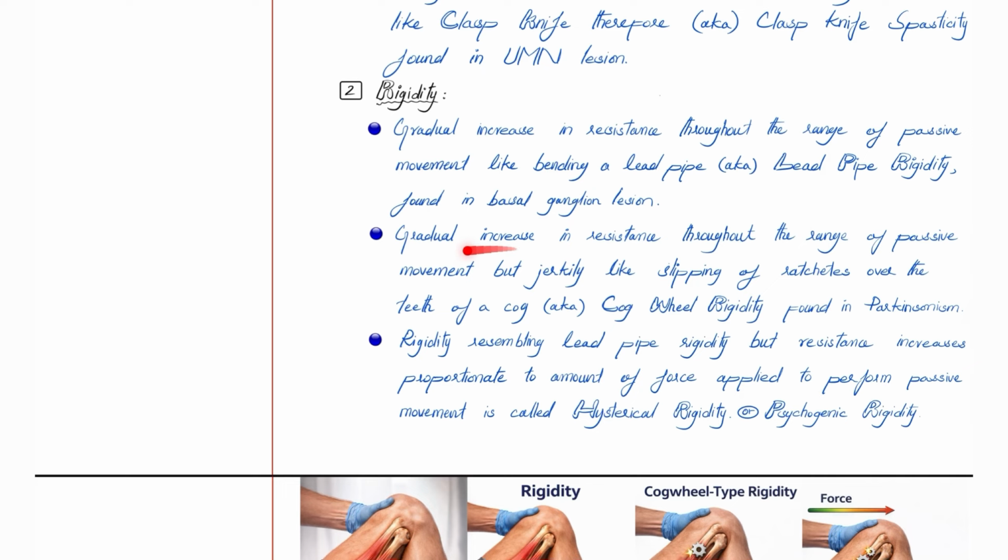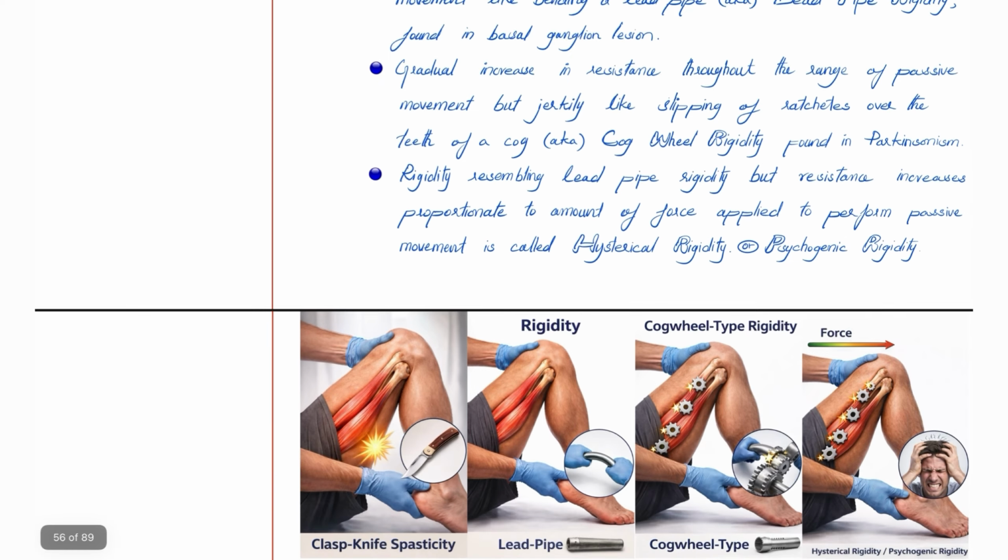But if there is gradual increase in resistance throughout the range of passive movement, but jerkily, like slipping of rackets over the teeth of a cog, this is also called cogwheel rigidity, and is found in Parkinsonism. If the rigidity resembles lead pipe rigidity, but resistance increases proportionally to the amount of force applied to perform passive movement, this is called hysterical rigidity or psychogenic rigidity, which may be because of conversion disorder.